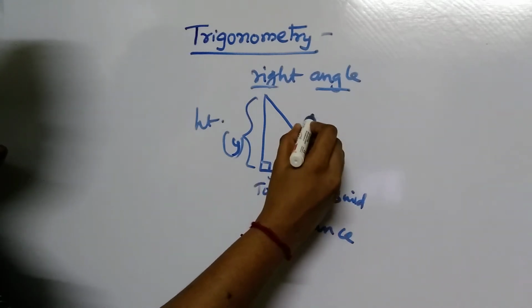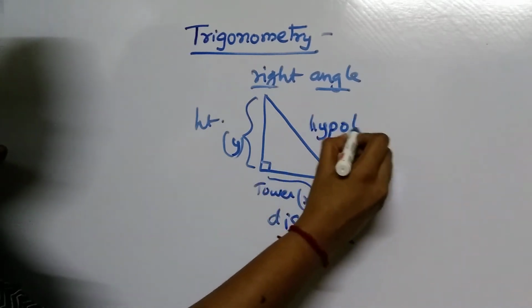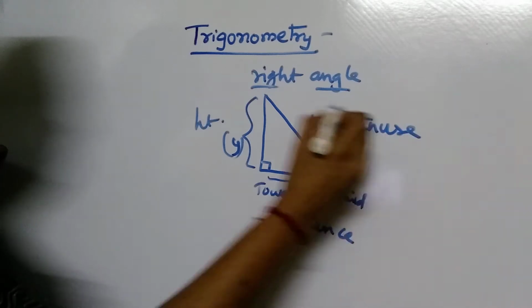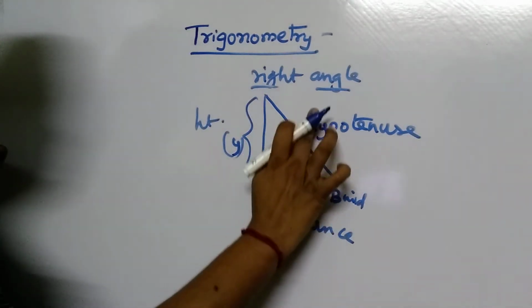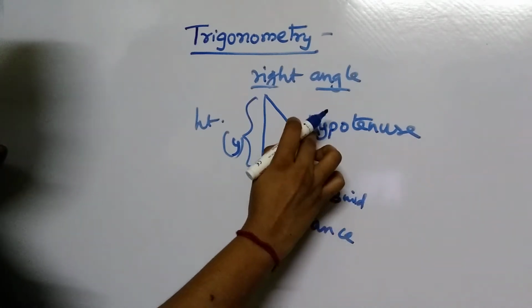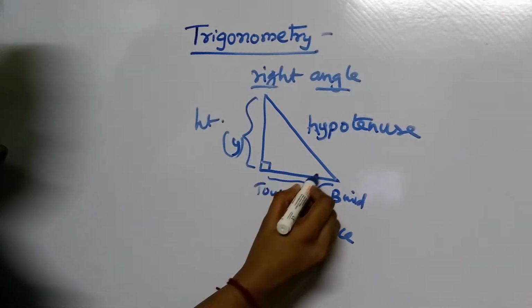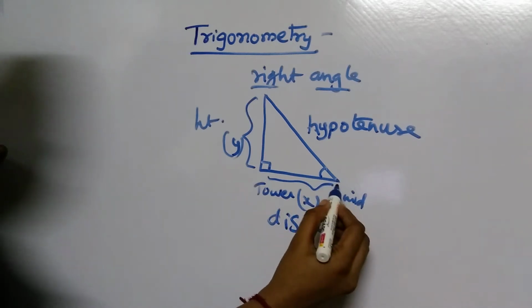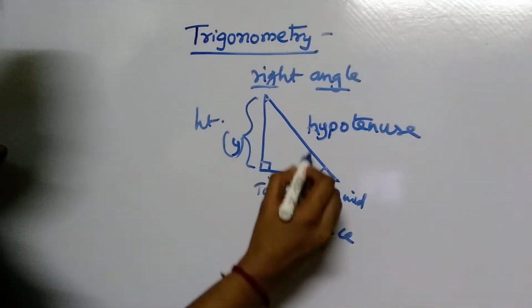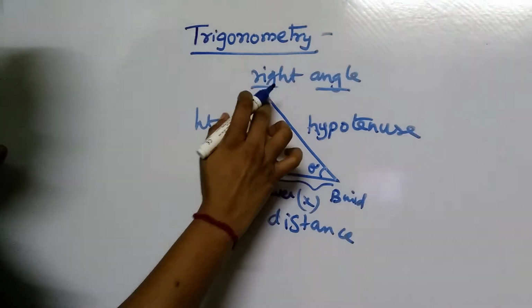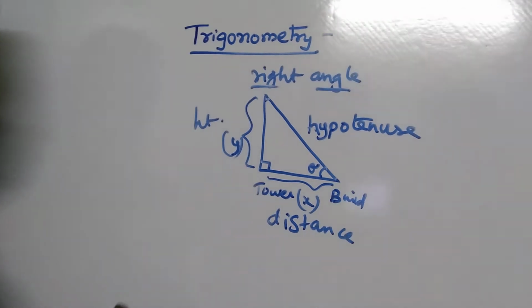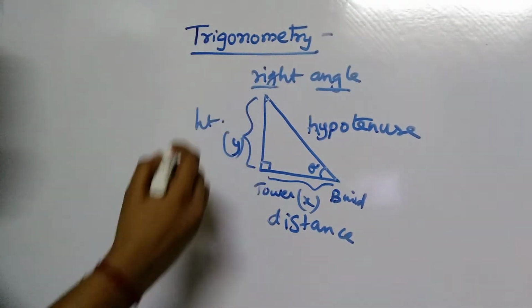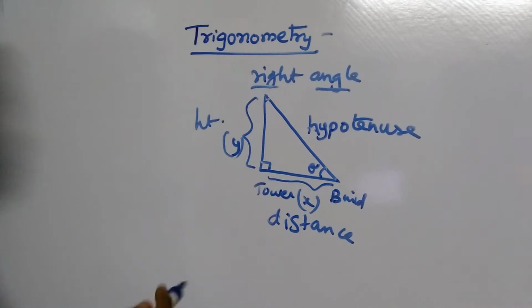You have learned three new terms. Hypotenuse. The lengthier, bigger side, we will call it hypotenuse, h. And then any angle here, from standing near the building and watching to the top, let it be theta. The angle of viewing, right? Angle of elevation: from bottom to top, if you are watching the building, it is elevation.